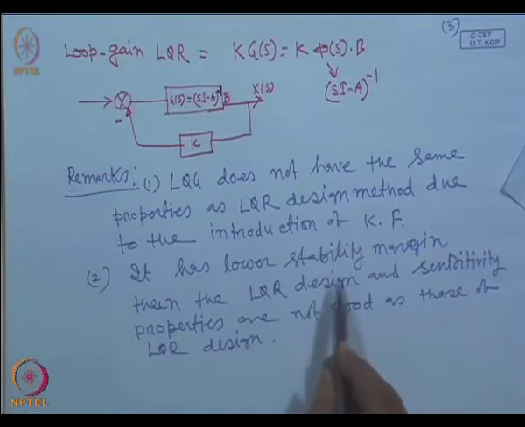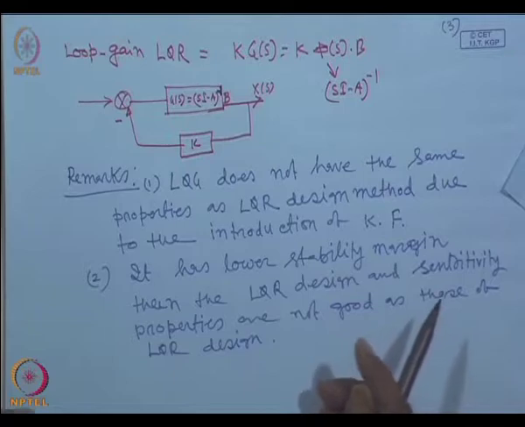Because the stability margin, that means gain margin, will be lost; it will not be able to maintain what we got in LQR problems, due to the introduction of this Kalman filter.